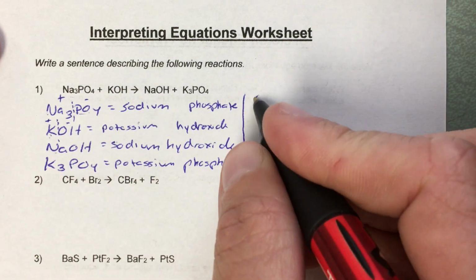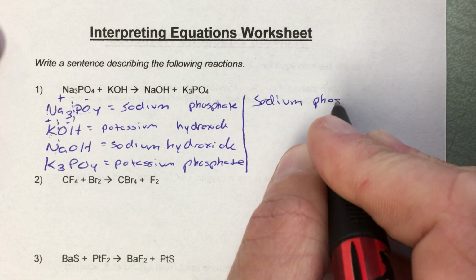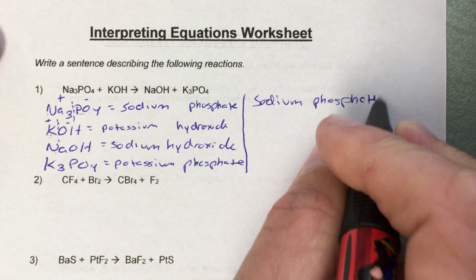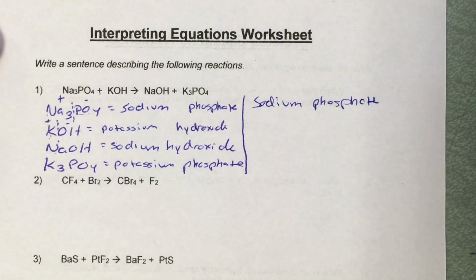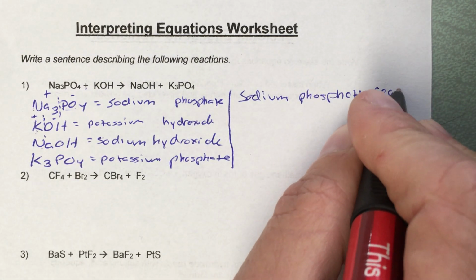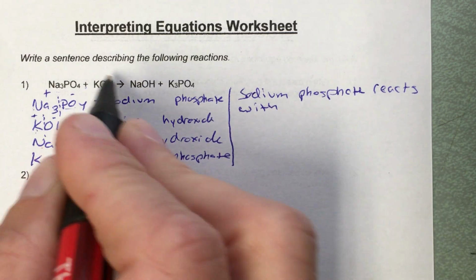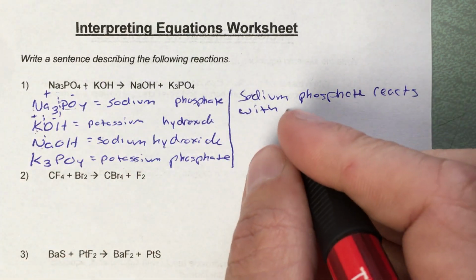Na3PO4 is sodium phosphate. The plus sign on the reactant side means reacts with. KOH is potassium hydroxide.